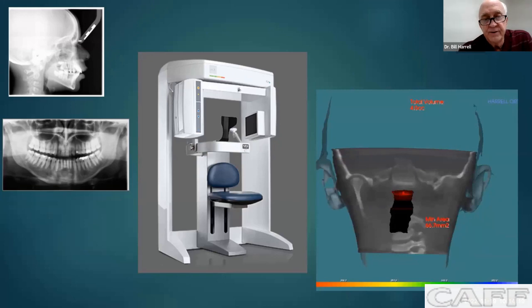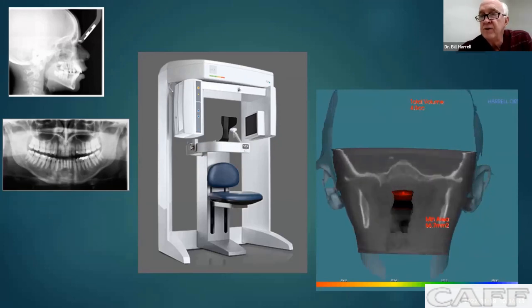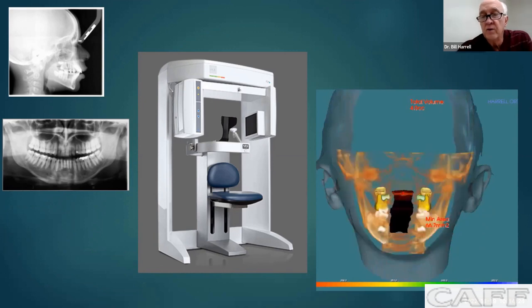We got ours, the ICAT, in 2005. So we were pretty early on. We were the first ones in Alabama, one of the first in the Southeast to use ConeBeam. And now I couldn't practice without it.